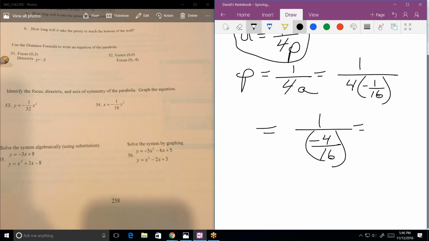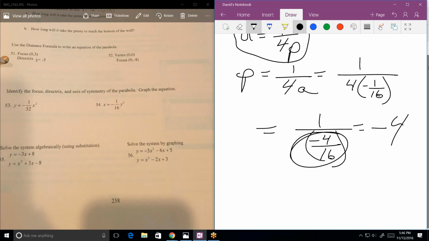Flip and multiply, so it'd be 16 over minus 4, which is minus 4. In other words, you're never going to give an answer like that. You're always going to simplify it.